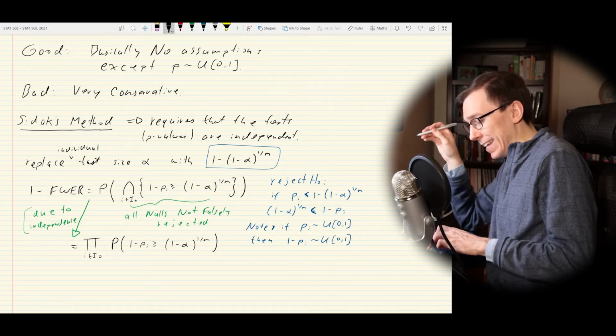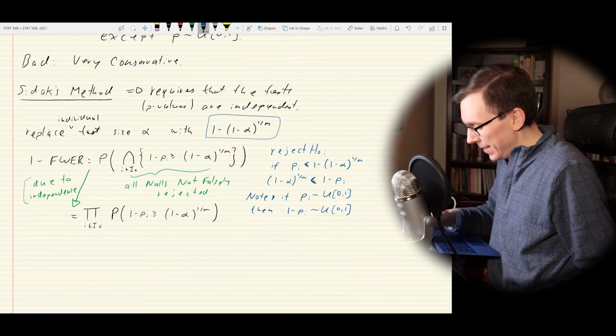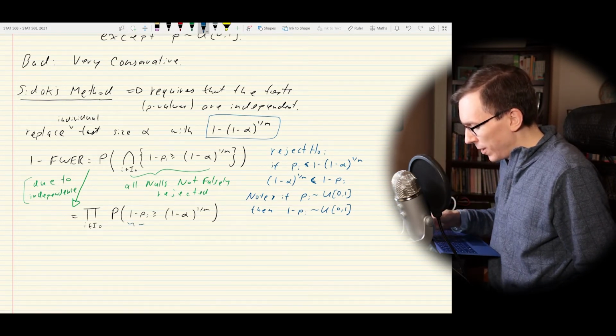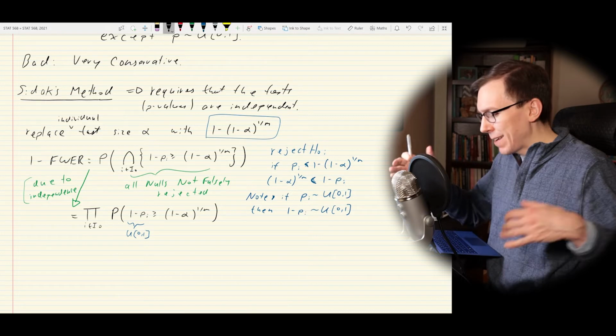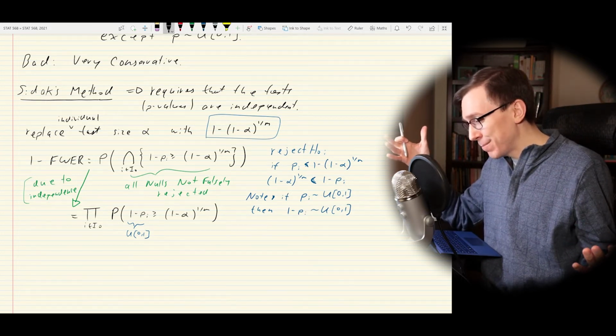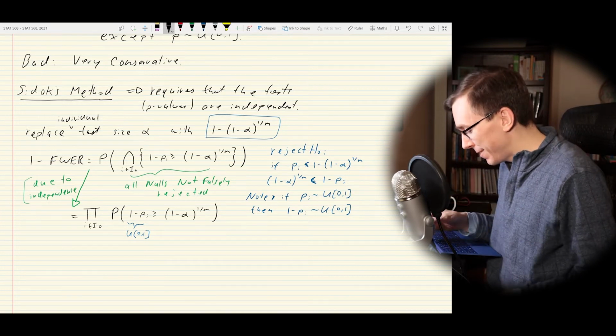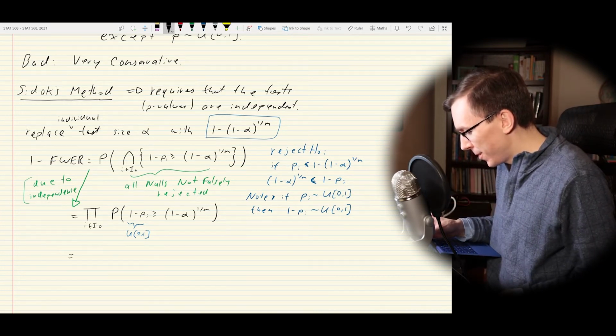Okay, so we have that. And then we note that all of these 1 minus pi's are going to be uniform 0, 1. So even though we have a product over a lot of probabilities, they're all actually the exact same probability, because they're all just uniform 0, 1.